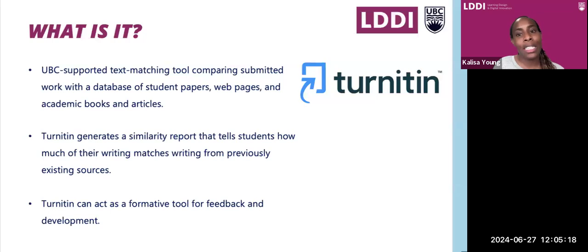After comparing an assignment with the database, Turnitin automatically generates an originality report or similarity report for the submission that tells students how much of their writing matches writing from previously existing sources. But of course, beyond that, Turnitin does have many grading features, which we'll go through today in functionality, and we'll explore those later in our session today.